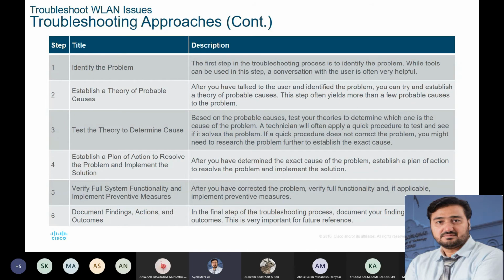It can be a router, a switch, a server, or whatsoever. So vigilantly, intelligently, efficiently, smartly, you need to act to troubleshoot your issue.